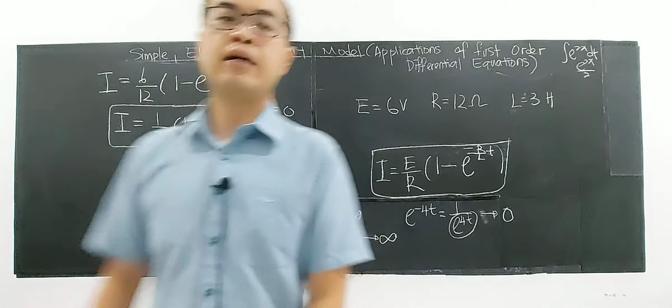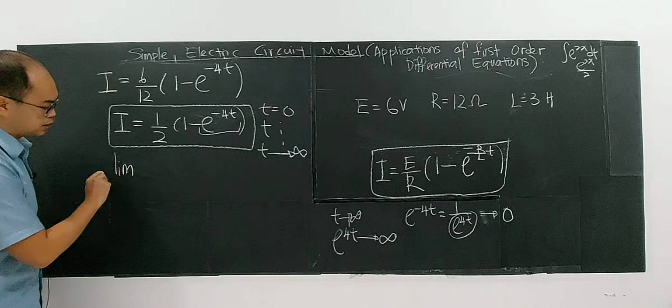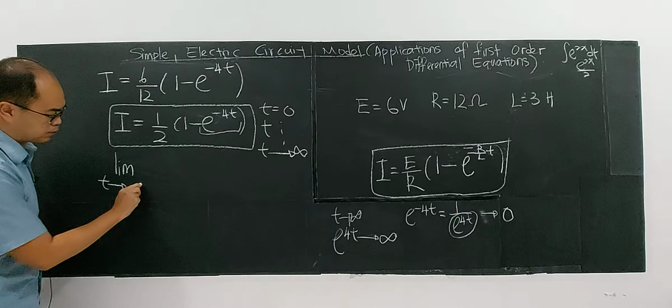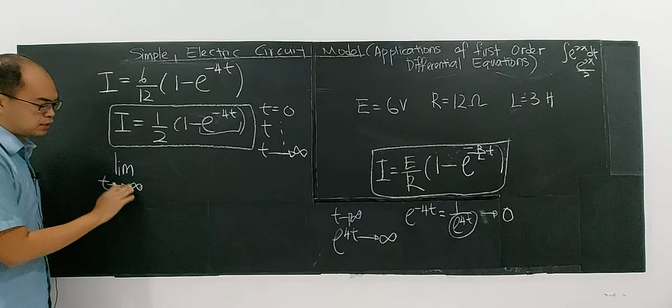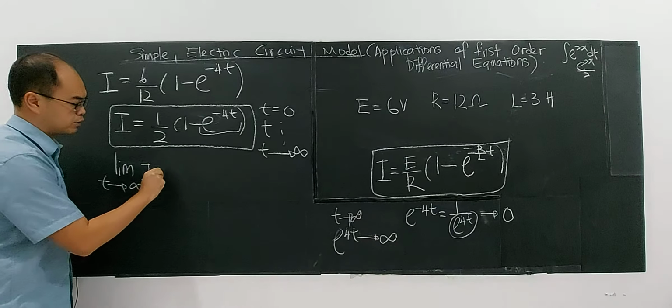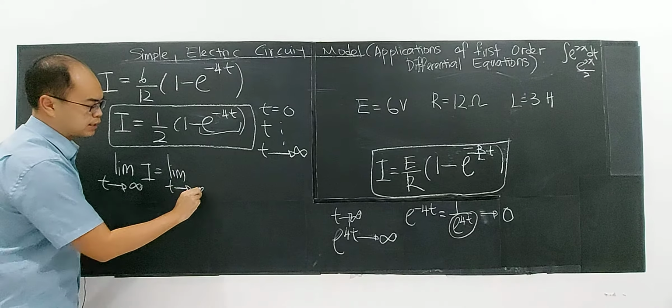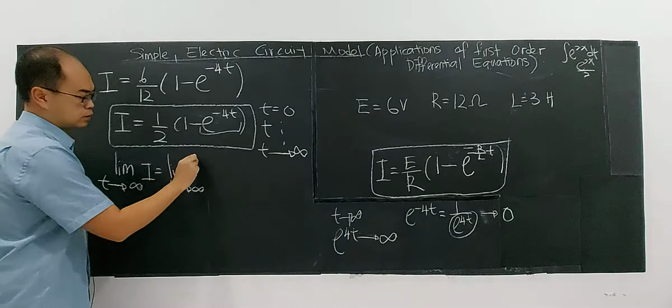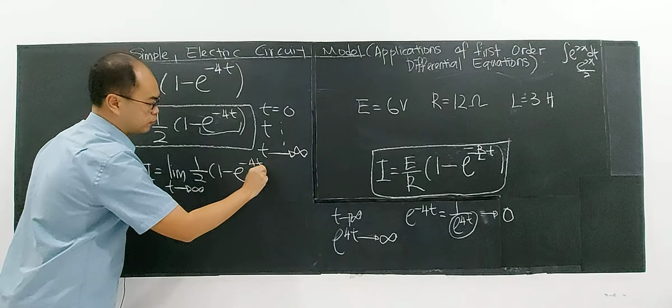After a very long period of time, the mathematical way to explain it is the limit as t approaches infinity of the current. So we calculate the limit of the current: 1 over 2 times 1 minus e to the negative 4t.